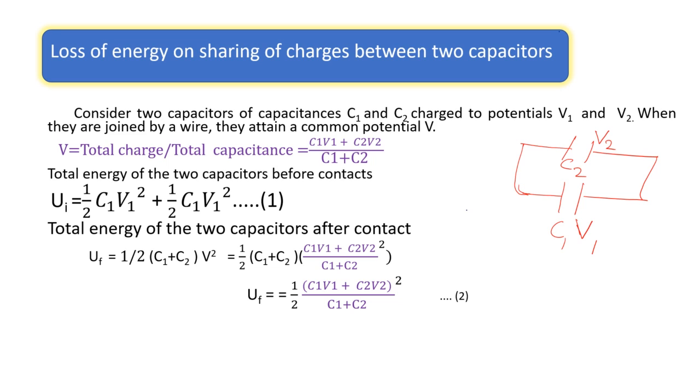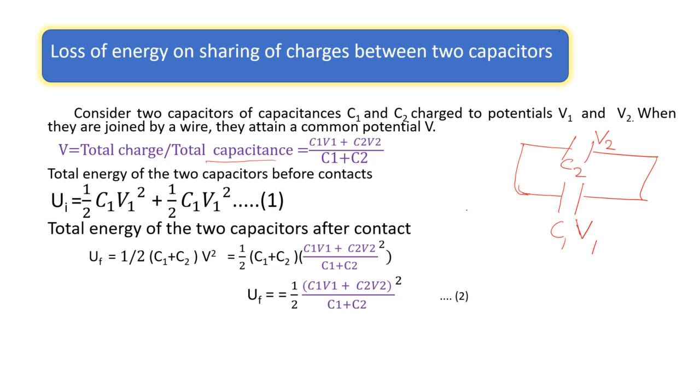Consider two capacitors, with capacitances C1 and C2, charged to potentials V1 and V2. When they are joined by a wire, they attain a common potential V. That potential is given by V is equal to total charge divided by the effective capacitance, or total capacitance.